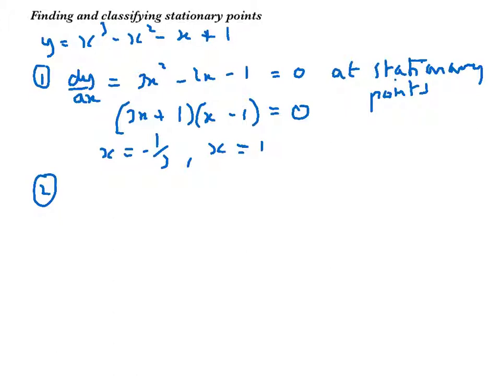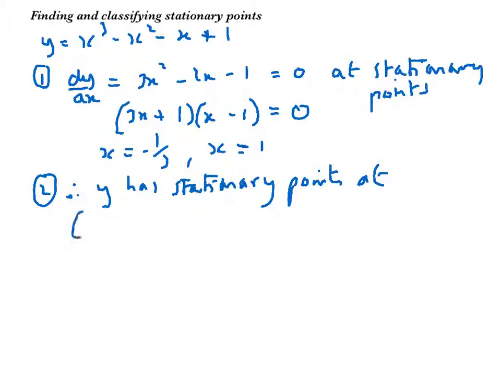So step 2 is to write a conclusive statement that y has stationary points at, and then I just need a set of coordinates, don't I? So minus a third, bracket, and x is 1, bracket. Do you see we're missing the y values?